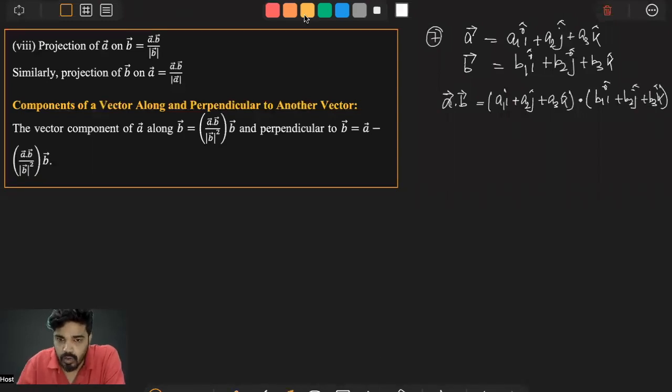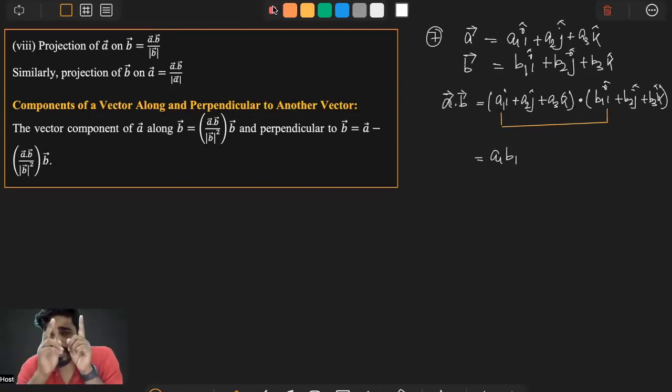Now we know that i dot i is 1, right? So i dot i is 1. So a1 b1 will result, because i dot j is 0, i dot k is 0. See a1 b1, because a1 i dot b1 i, i dot i is 1, so that equals a1 b1. a1 b2 is 0, why? i dot j is 0. That means the dot product will be i with i, similarly j with j, k with k. Because all other terms are 0, i dot j 0, i dot k 0, k dot i is 0, j dot i is 0. Clear?